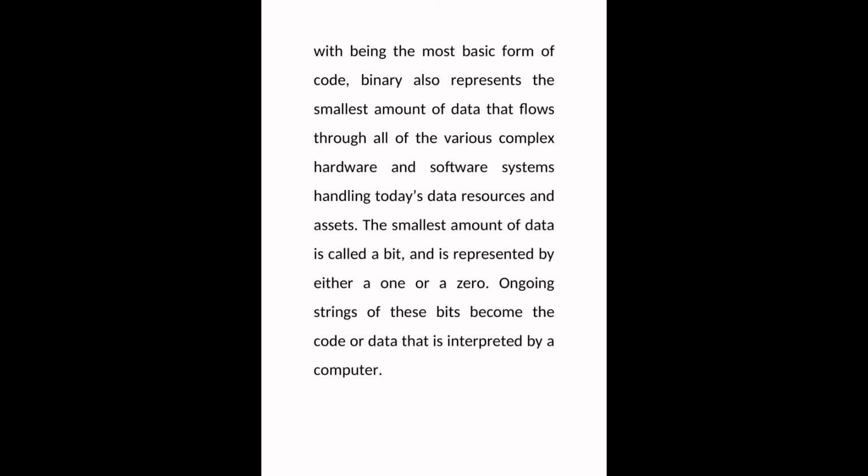In that, the smallest amount of information is called binary, the unit of small amount of information in the computer system. The smallest amount of data is called a bit.